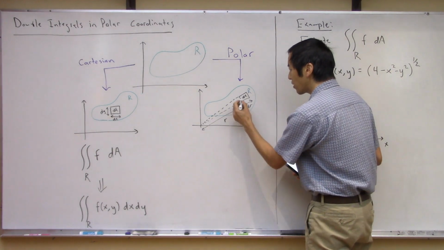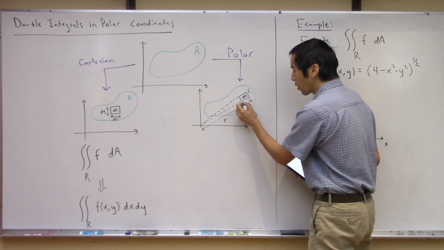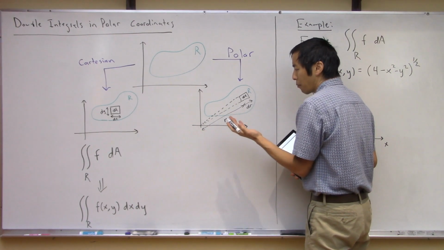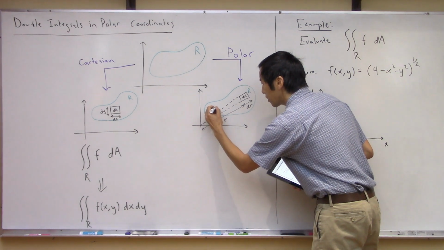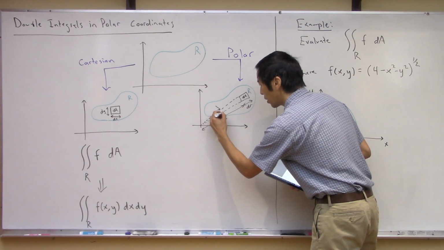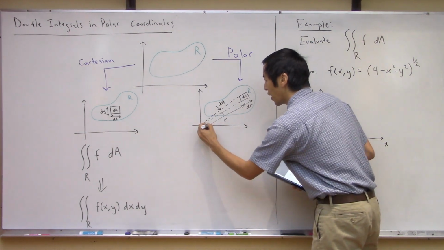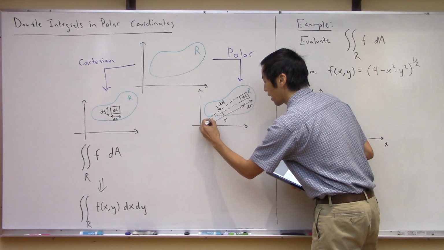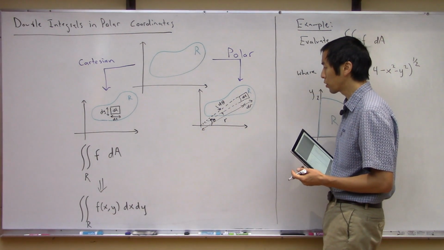Now, where it gets interesting is the height, this sort of arc. You can see that this arc right here is basically part of a circular arc, where the arc amount here, let's call this d theta, because theta is measuring the angle from the x-axis to this location. That's how polar coordinates work.